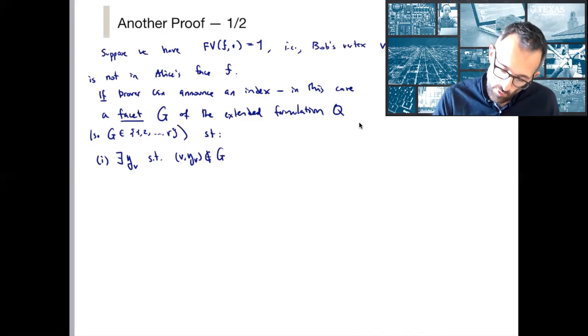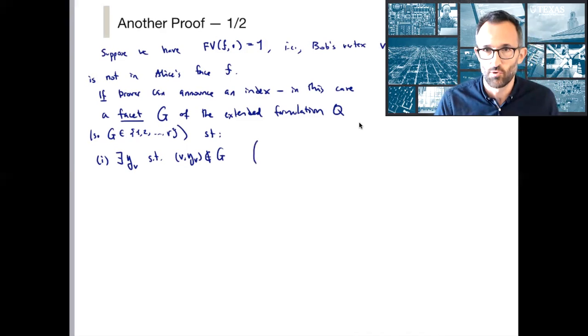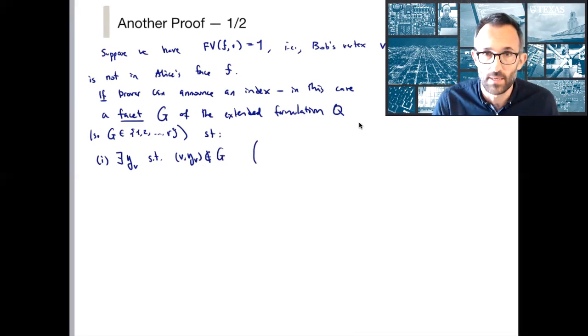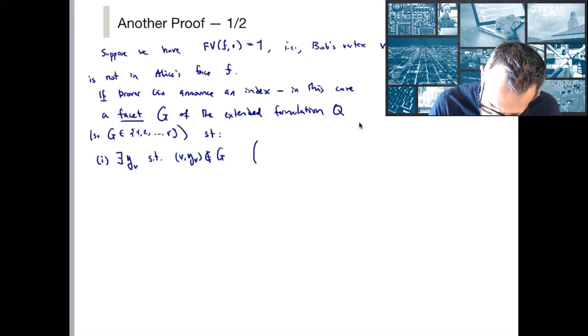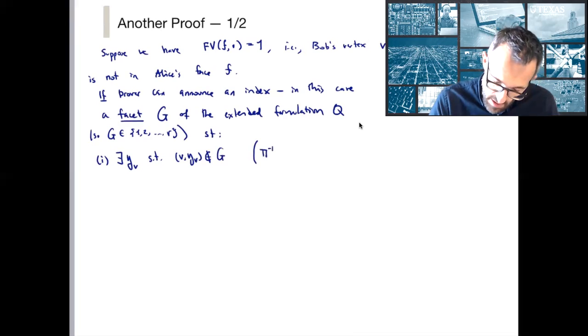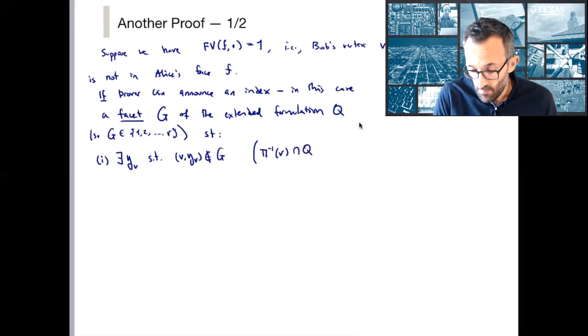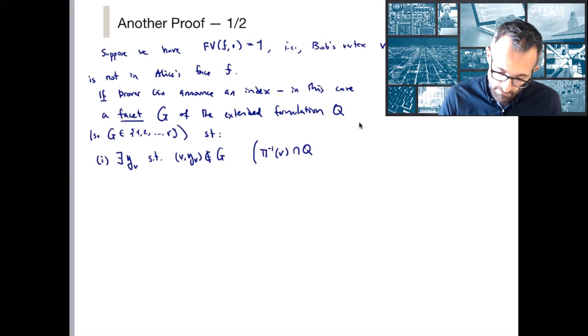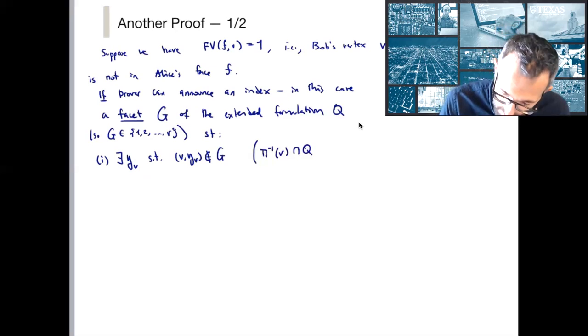And it will be, let's just observe to get us used to thinking about this affine map pi that maps from Q to P. Note that what this statement is saying is exactly equivalent to pi inverse of V intersect Q, because pi inverse V intersect Q for us is all the pairs V comma YV that are in Q. I should probably clarify this here.